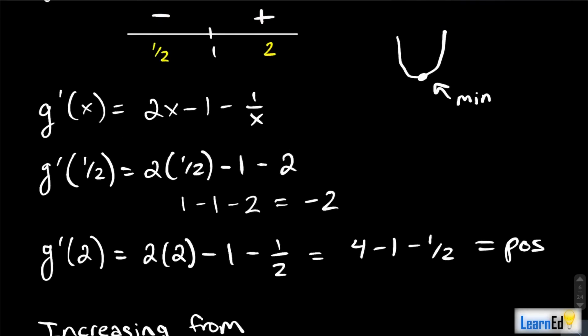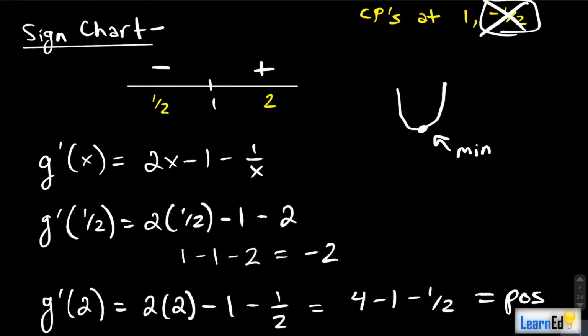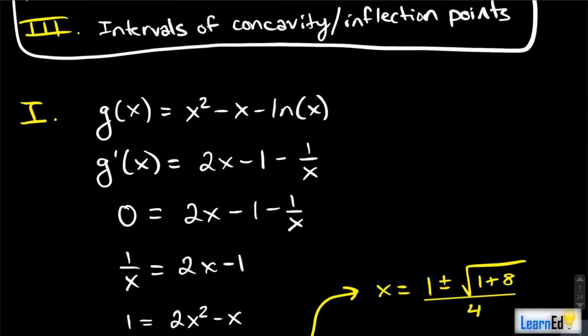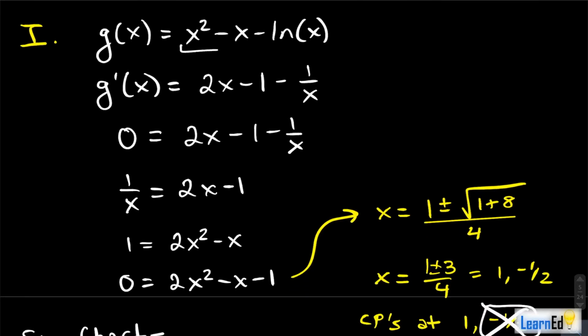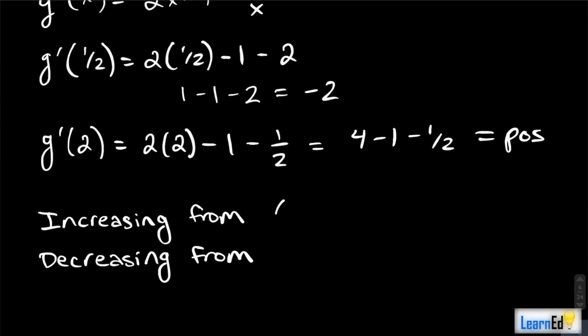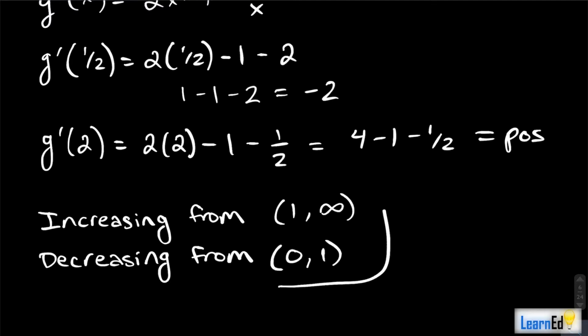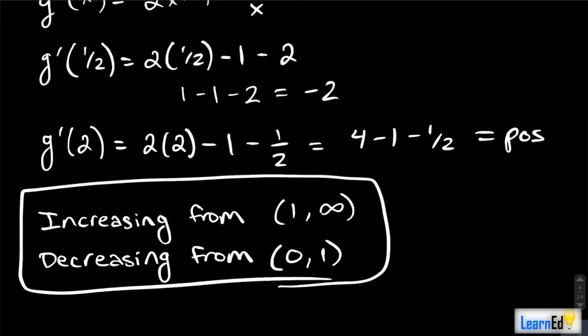We can see it's going to be increasing from this point, 1, our min, and our function will go up until infinity. Its domain is from 0 to infinity. So it's increasing from 1 to infinity and decreasing from 0 to 1. That is the answer to the first part of this problem.